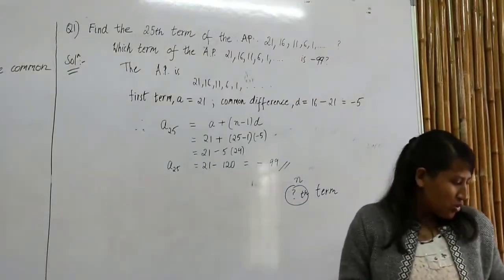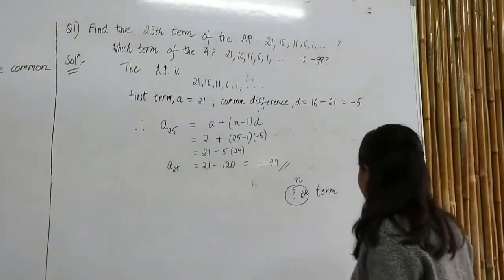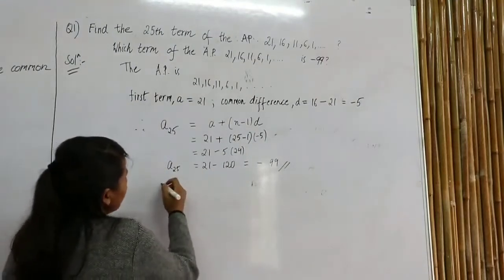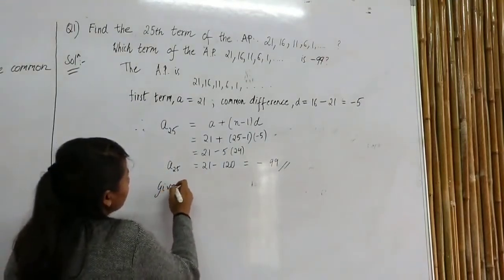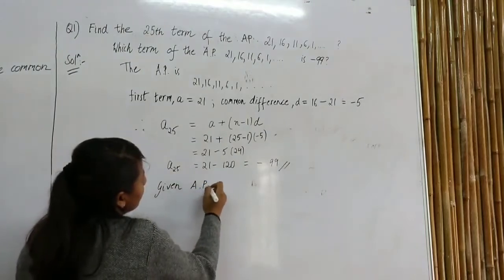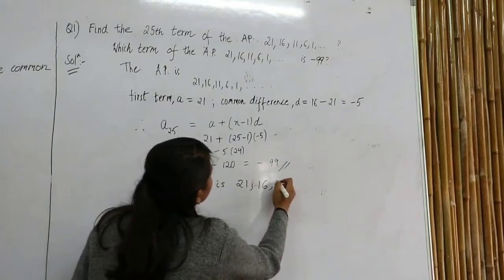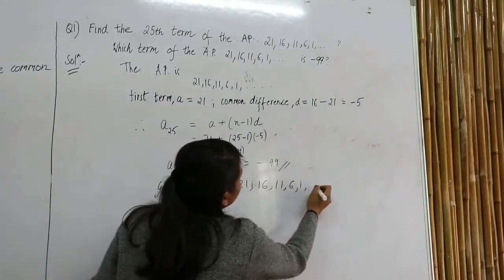So we'll write first the AP. Now the given AP is 21, 16, 11, 6, 1, and so on.